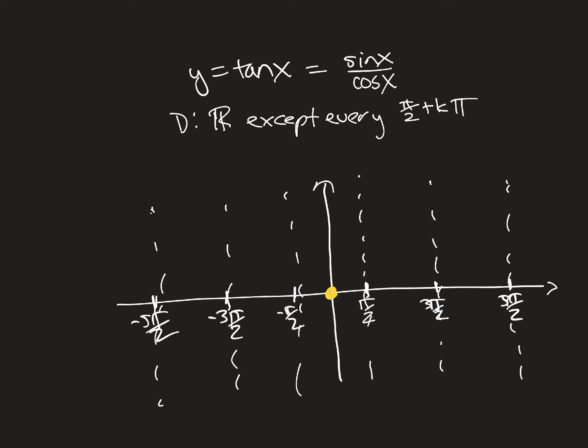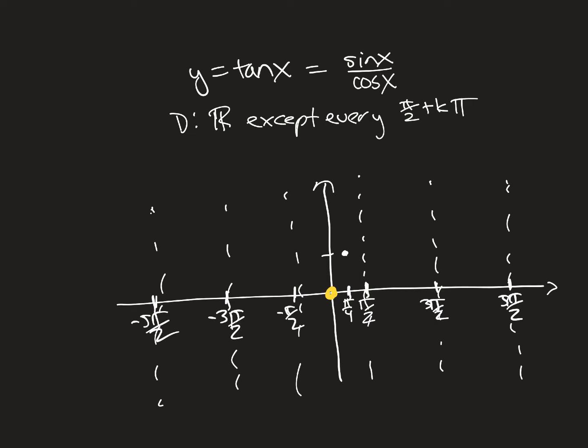Let's look at the angle between, because tangent is opposite over adjacent, or y over x, we can think, or when we talk about a triangle, think about the two legs of the triangle. Let's look at pi over 4. So in the 45, 45, 90 triangle, the legs will be the same. So tangent of pi over 4, as we know from the first unit of trig, is 1.